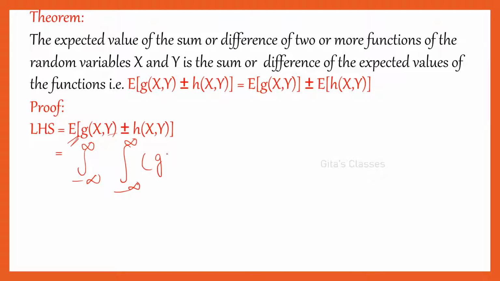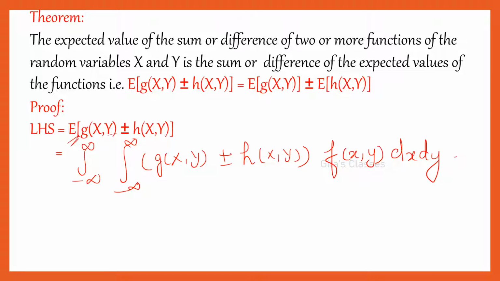Whatever is inside, you have to write g of x comma y plus or minus h of x comma y into f of x comma y into dx dy. We write all small letters here because inside the function you can write that.